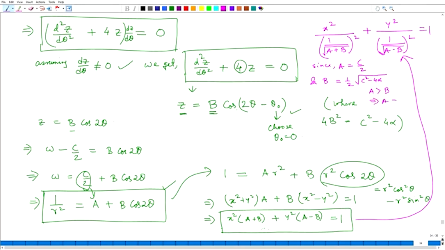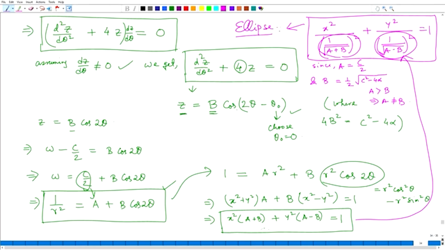So, a is not equal to b, and that is why you will have these two denominators unequal, and you have the trajectory as an ellipse.